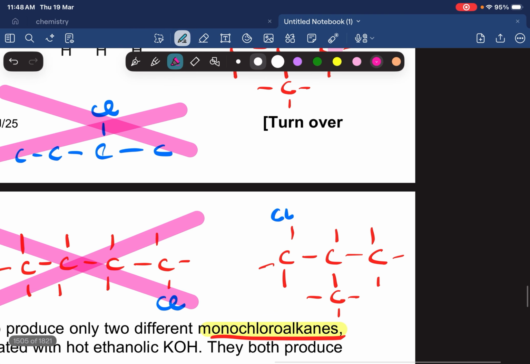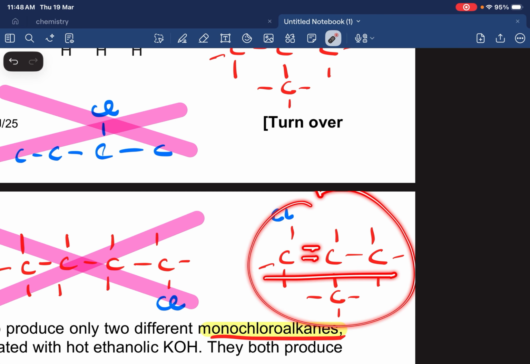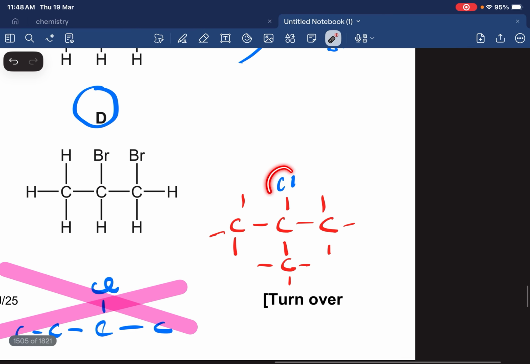Whereas if we look over here, a double bond can only form here. This is going to be 2-methylpropene. And if I look over here, a double bond can form here, and it is going to be 2-methylpropene.